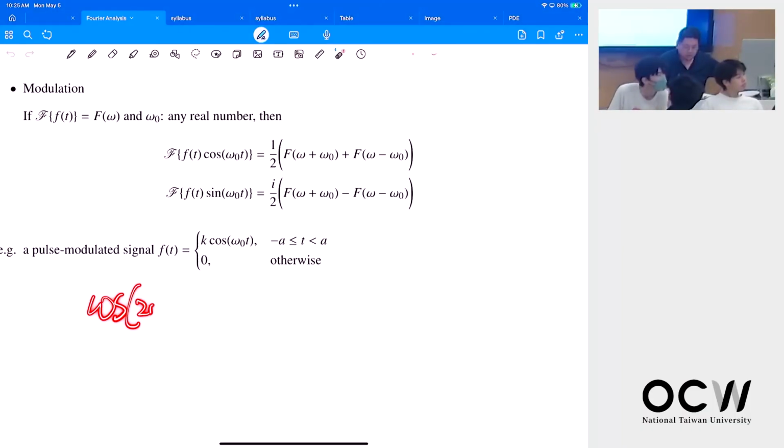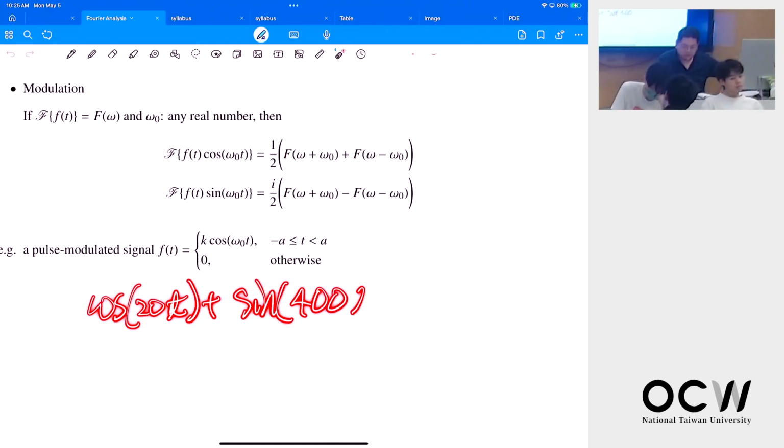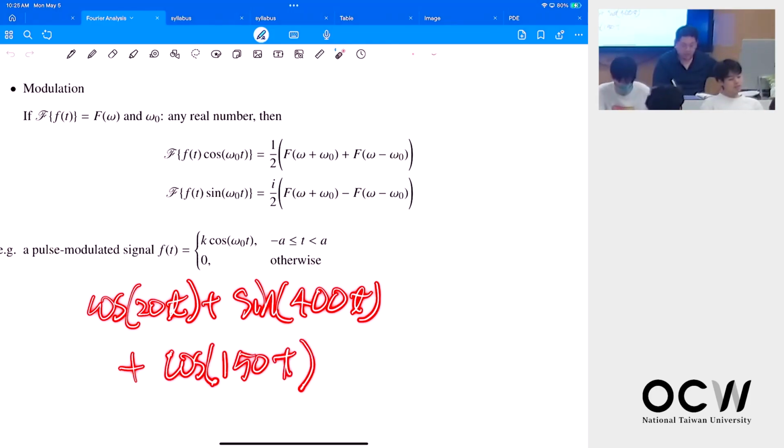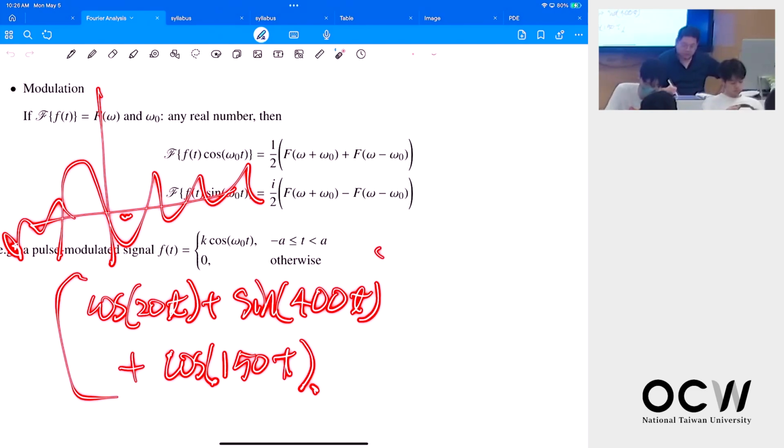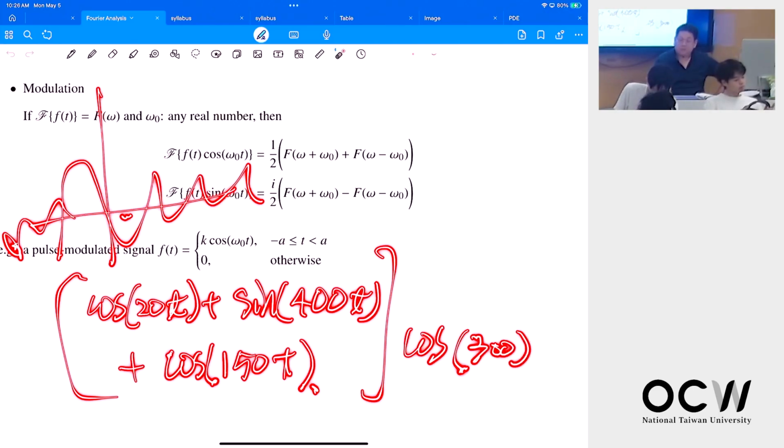If I have a signal cosine 20 t plus sine 400 t plus cosine 150 t, in the time domain, it is probably like that. Okay, but if I do the modulation, omega naught will be 300, suppose.